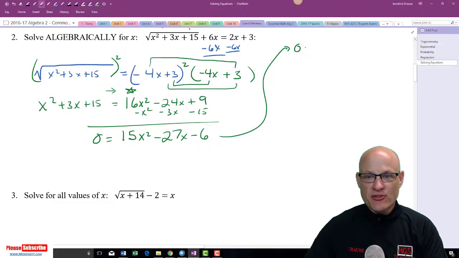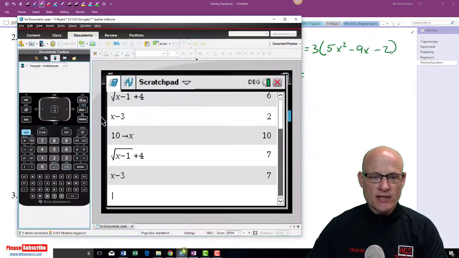I can take out a 3 because that'll make my life a little bit easier. 5x squared minus 9x minus 2. If I want at this point, I can go over to my calculator.